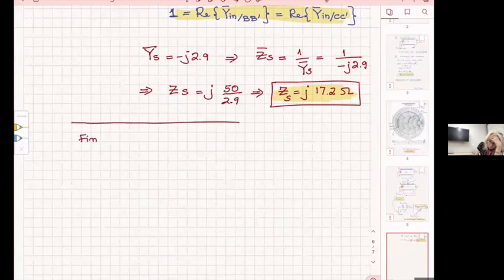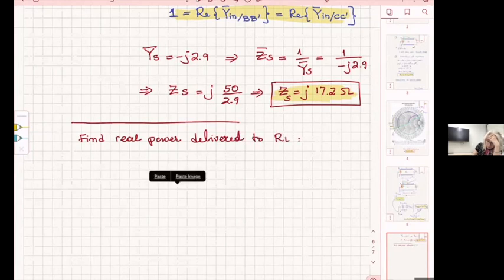And remember, find real power delivered. Paste.